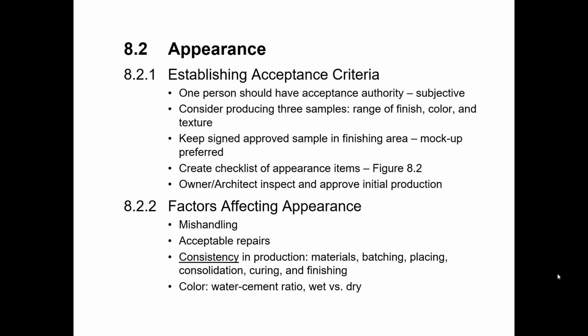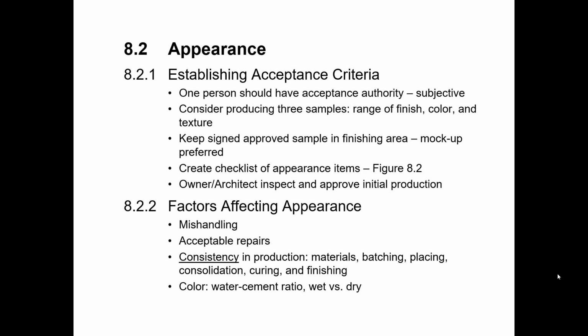You don't want to call the architect or the owner to come look at a panel the day after it's rained, because those panels are most likely still going to be damp and much darker. They may like the way that looks, but then in 2 months, when those panels are showing up on site and it hasn't rained in 3 weeks and they're dry as a bone, they're going to see something much more like what you see in the top, where they're much lighter, and they may have a hard time believing that, wait a minute, these are the same panels.